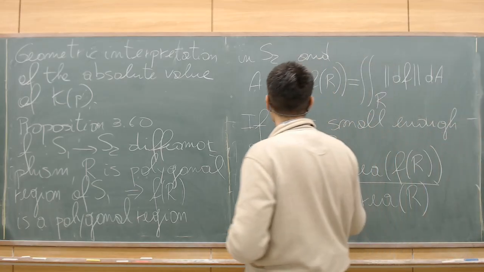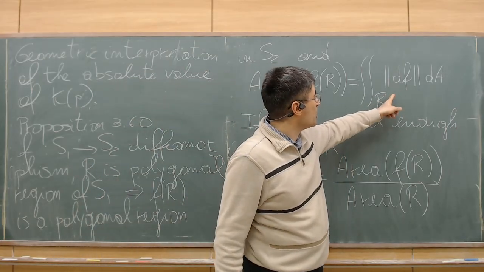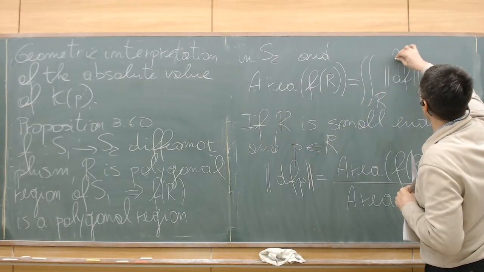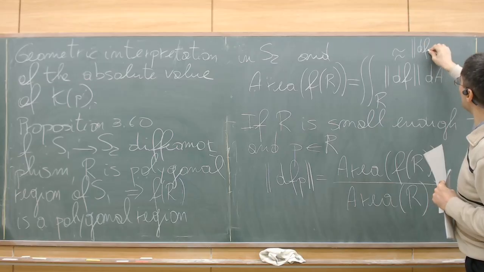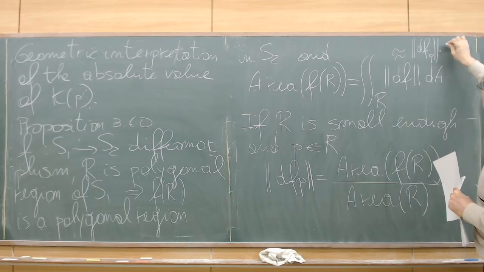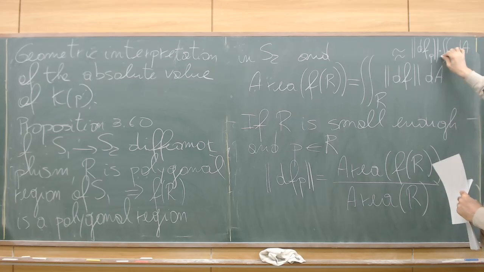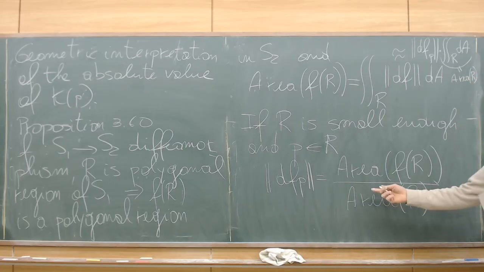Why? Because if R is very small, then you can approximate the right hand side as the product of the value of the area distortion at P times the area of R. And you get immediately this formula.